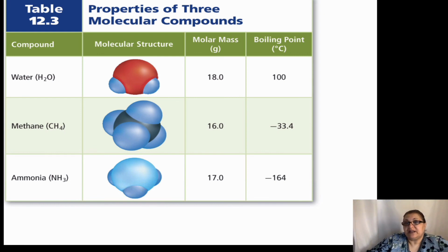We were saying that it requires high energy when it's a highly electronegative atom bonded to hydrogen versus methane, which is very negative. It's negative 33.4, and versus ammonia, which is negative 164. So hydrogen bonding is stronger when it's with highly electronegative atoms.